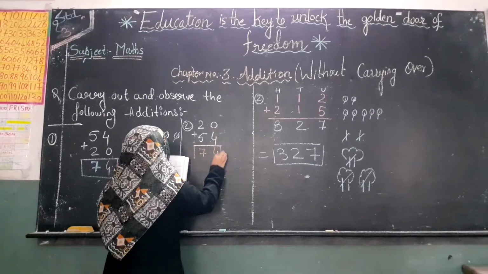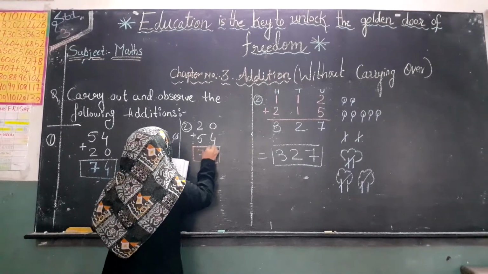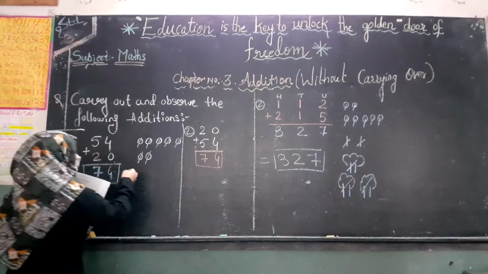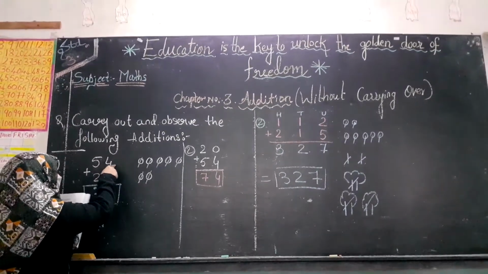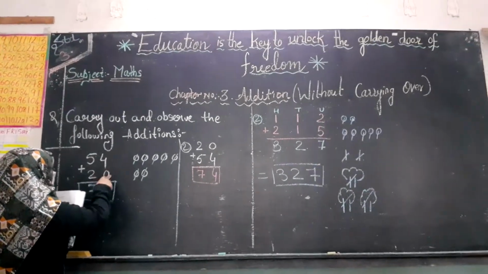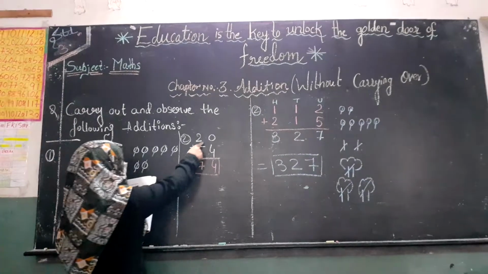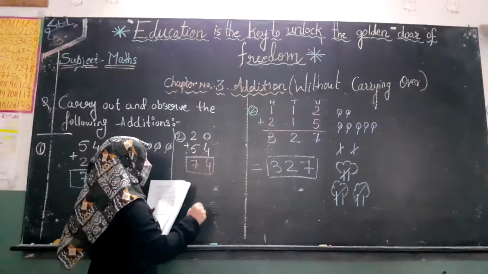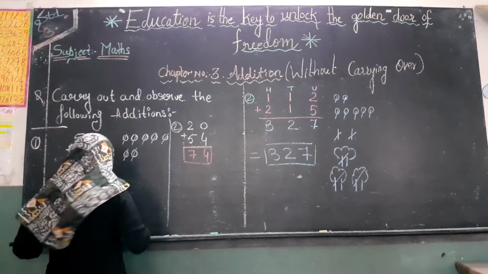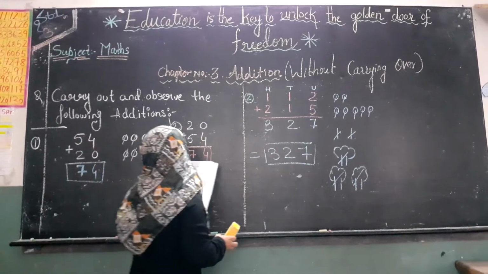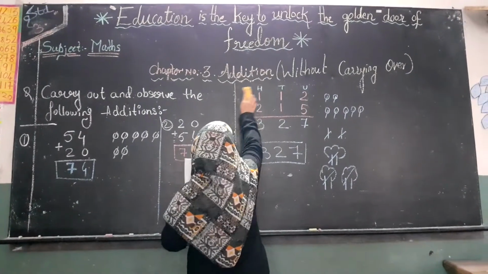It is the same question as before, but see here: in this question, 4 is up and 0 is down, and in this question, 0 is up and 4 is down. Now what is the next question? 70 plus 8. So we will do it here.